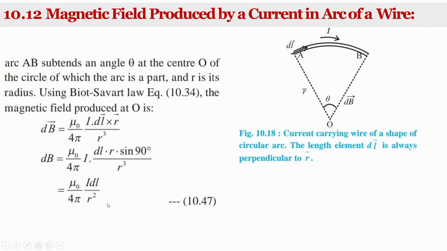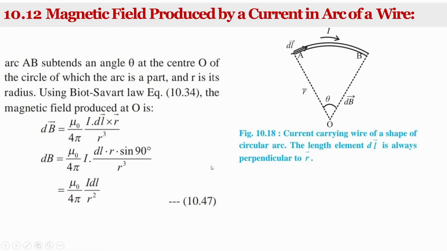That is the magnetic induction produced at point O by the small element of length dl when current I flows through it, and we use it for the magnitude of the magnetic induction.